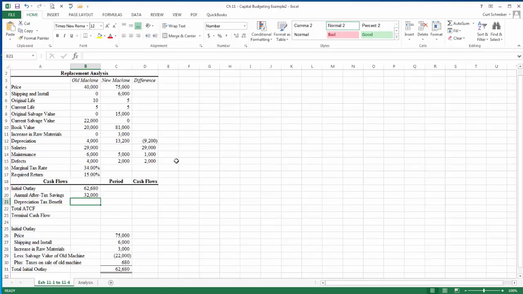It's important to understand that if this is how much we're going to save annually, that is going to result in a profit of $32,000. However, on the $32,000, we have to factor in the 34% in taxes. So let's go ahead and multiply this by, in parentheses, 1 minus the tax rate.